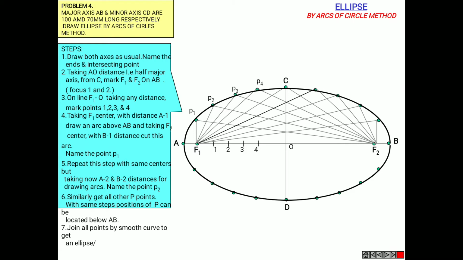So now I'll just give you some time to make a note of it. Make clearly the steps and the diagram. Once you make the steps, after that we'll again see the diagram too. Make the steps.